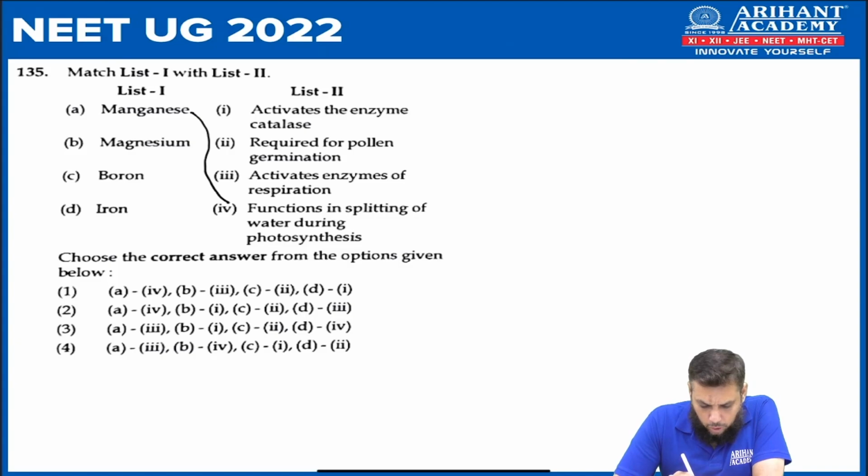Magnesium, okay, it activates many enzymes of respiration. Usually the kinases group of enzymes, they use Mg2+ as a cofactor. Boron is required for pollen germination. Iron activates enzyme catalysis. For 135, we'll go with the answer 1.